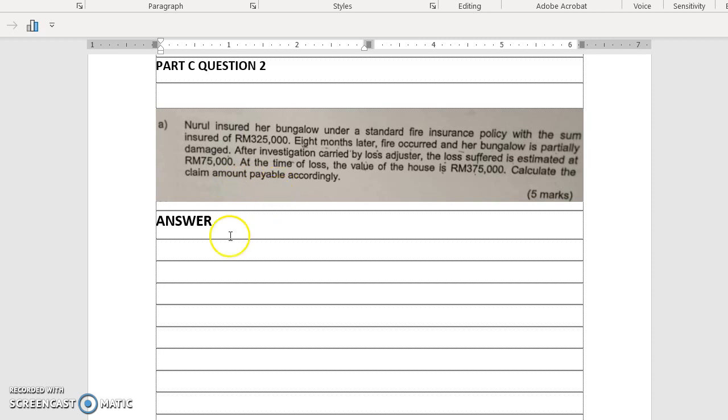For the answer, firstly, you have to know we have a formula that you have to remember. In order for us to calculate the total claim amount payable, it must be based on the formula of sum insured.